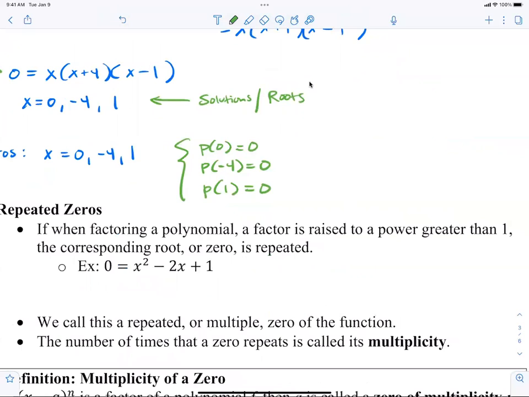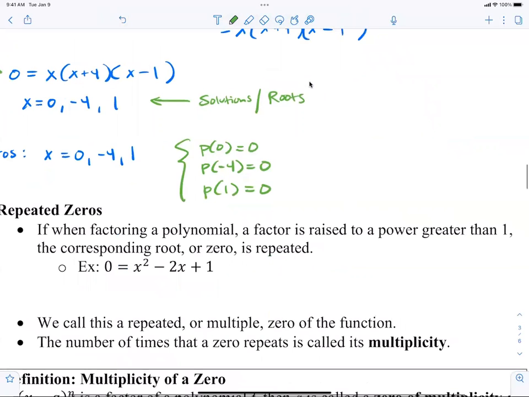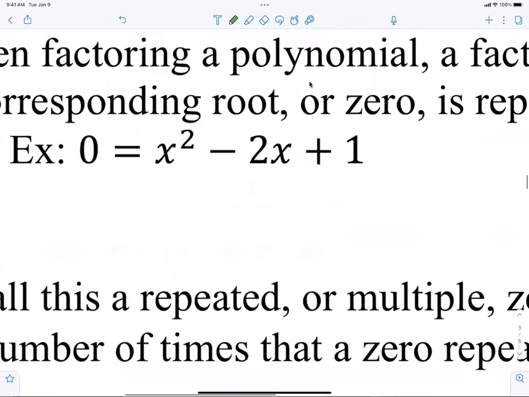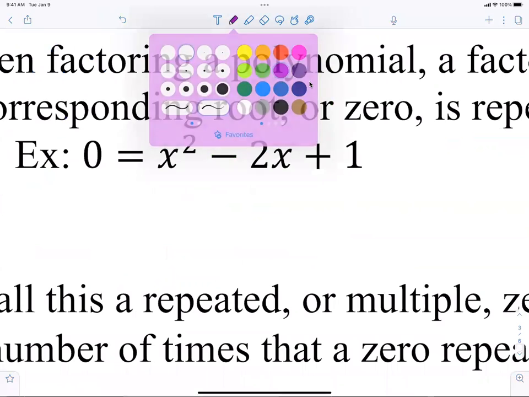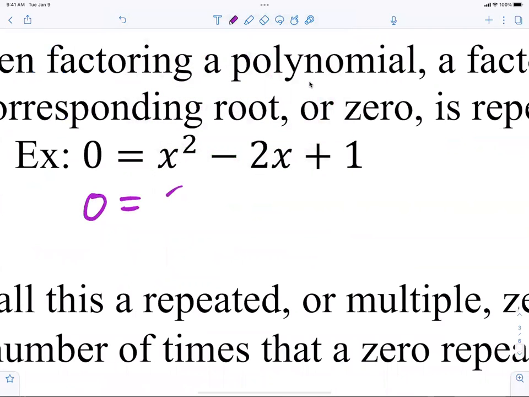Now, if when factoring a polynomial a factor is raised to a power greater than 1, then the corresponding root or zero is repeated. So for example, this equation factors to be x minus 1 squared, right?